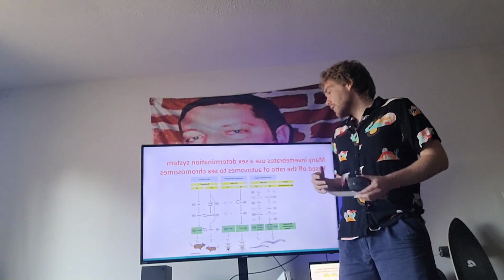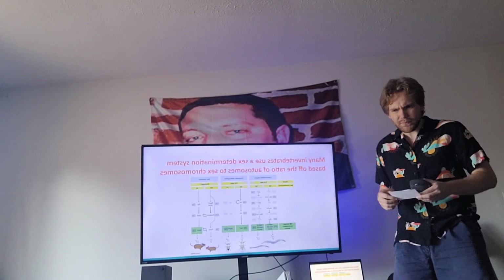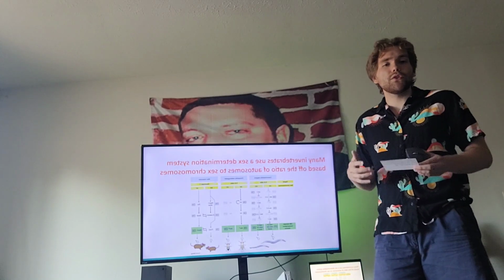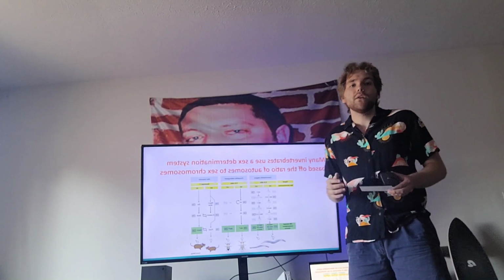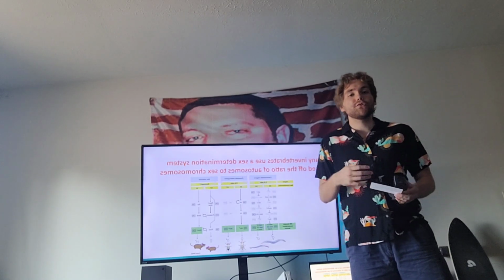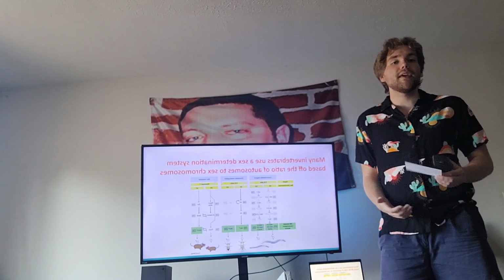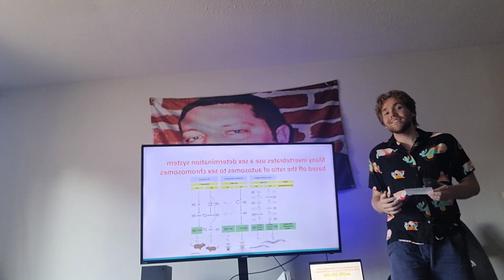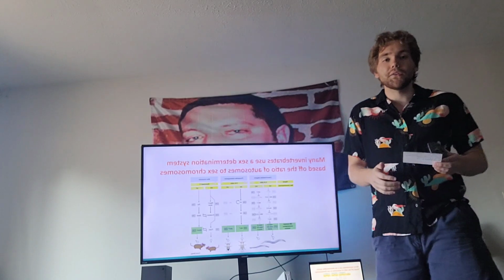In worms, like C. elegans, a ratio of autosomes to sex chromosomes of 1 or 0.67 produces hermaphroditic females, meaning they are structurally female, yet they produce both gametes, and a ratio of 0.5 to 0.75 produces males.